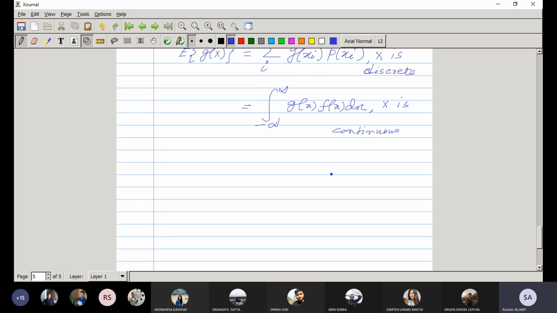Now in particular, if g of capital X is equal to x, then what will be the expectation of x?